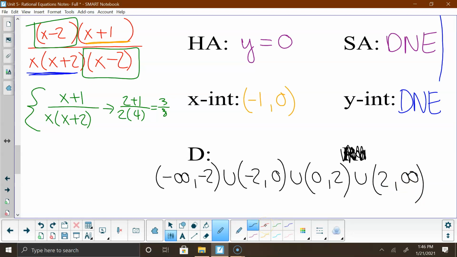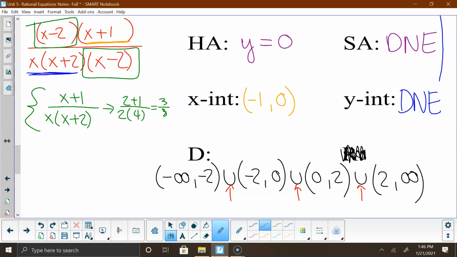Basically, however many factors you have in the denominator should be how many unions you see. Union here. Union here. Okay. But we'll ignore. Want to try graphing it?